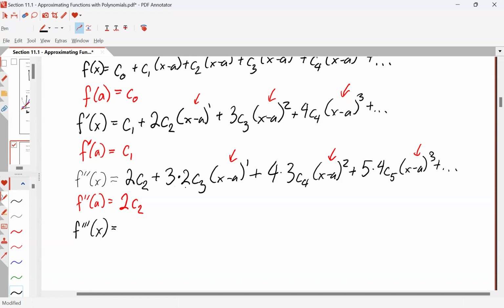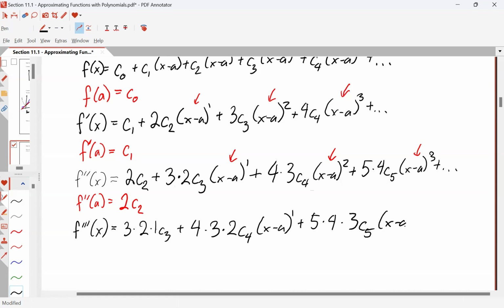Taking the derivative of 3 times 2c3, x minus a to the first, becomes 3 times 2 times 1 c3, x minus a to the 0, plus then this next term becomes 4 times 3 times 2 c4 x minus a to the first, plus 5 times 4 times 3 c5 x minus a squared, and so on.